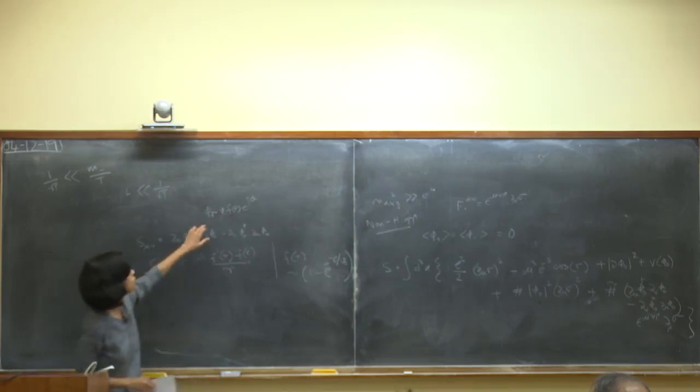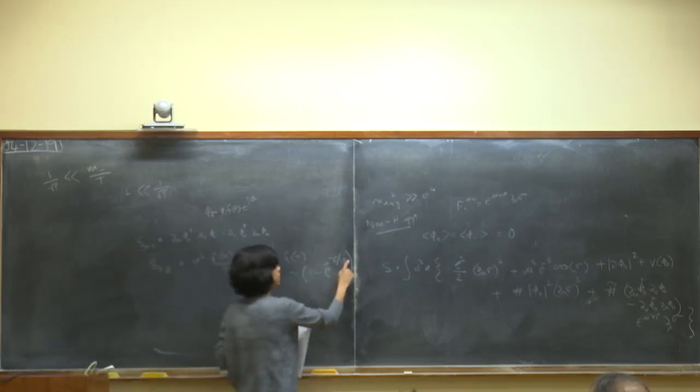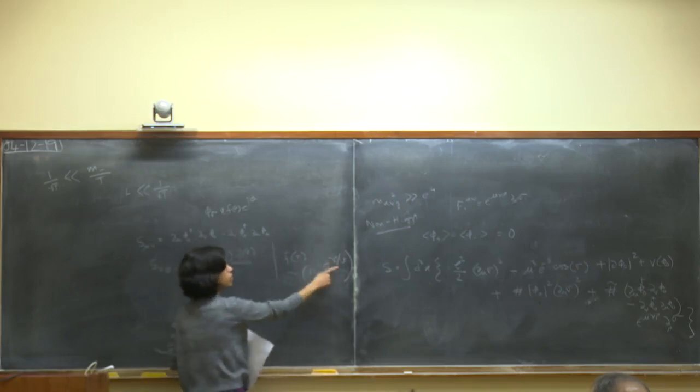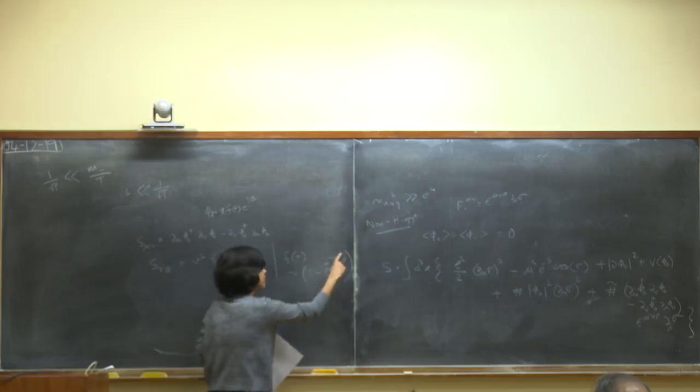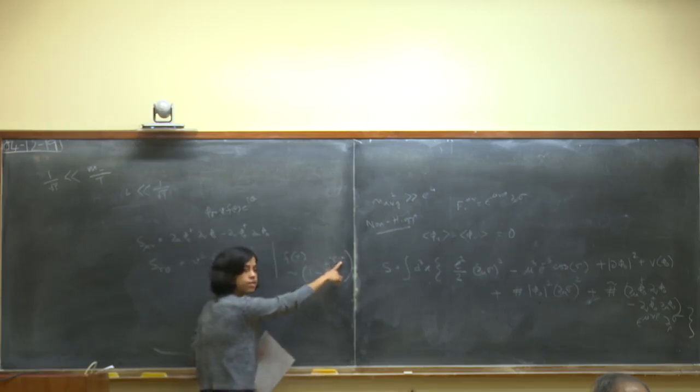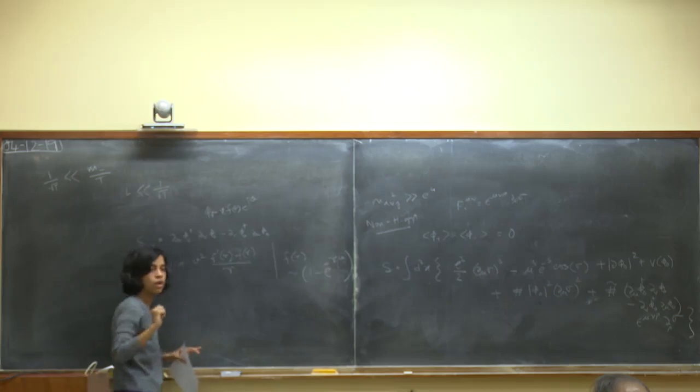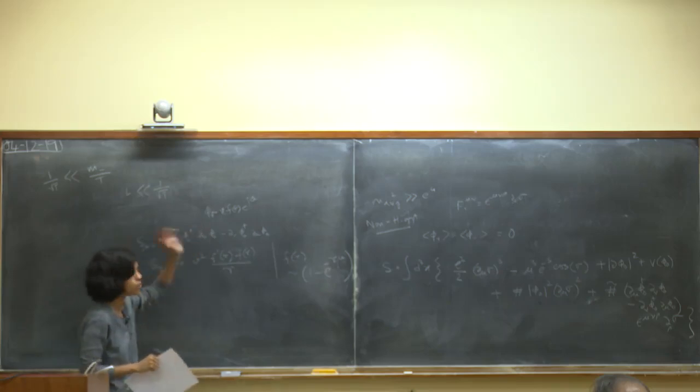So this is a phi naught vortex. Maybe I should just write V. I meant this V. So this is the coherence length that should appear here, dimensionally. That decides over which distance this should fall off.